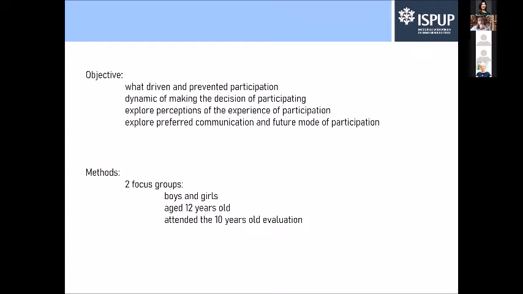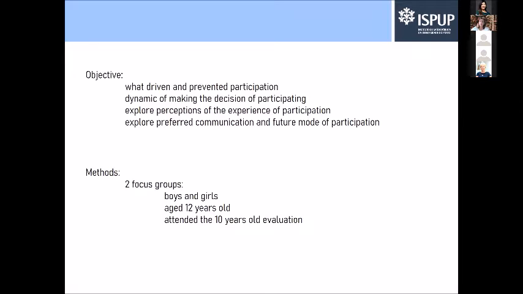So when we were planning the 13 years old evaluation, we decided to perform a qualitative study with the objective to explore what drove and what prevented participation, the dynamic of making the decision about participation, and the perceptions of the experience of participation, but also what our young participants felt was most appealing regarding communication and future modes of participation.